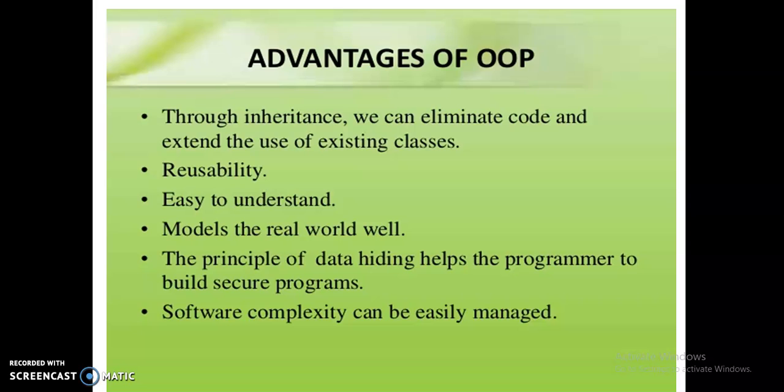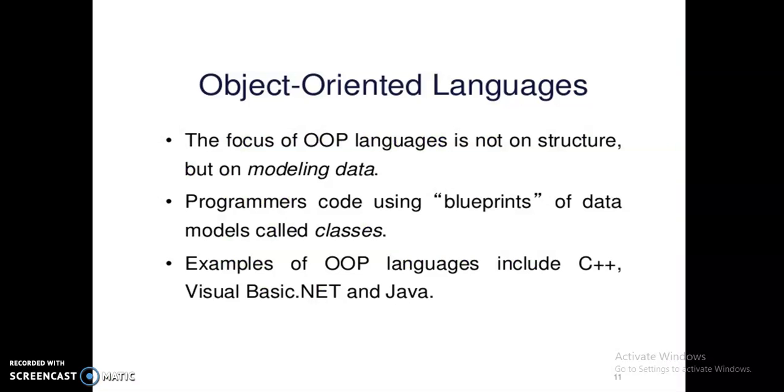Through inheritance, we can eliminate code and extend the use of existing classes. The main concept of inheritance is using the existing code, and the derived class uses the code from the base class. The second one is reusability, and then it is easy to understand and models the real world well. The principle of data hiding helps the programmer to build secure programs. Software complexity can be easily managed.